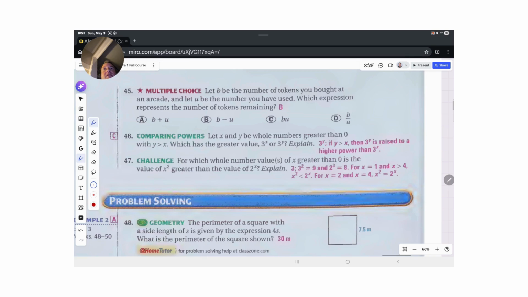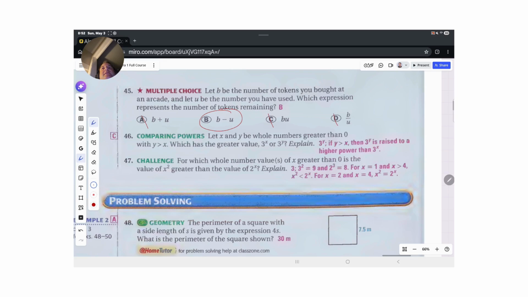Now we're looking for an operation that would match the words remaining after using some tokens, which will be subtraction. And then we'll connect the context to the operation. This is total bought minus total used. Which, by the way, we only have one subtraction anyways, helping us to eliminate wrong answer choices quite quickly there. And just to check to make sure it's correct, we can bring in that context. Total bought minus total used, or B minus U.